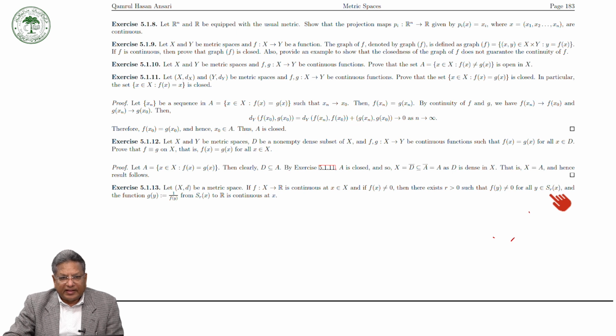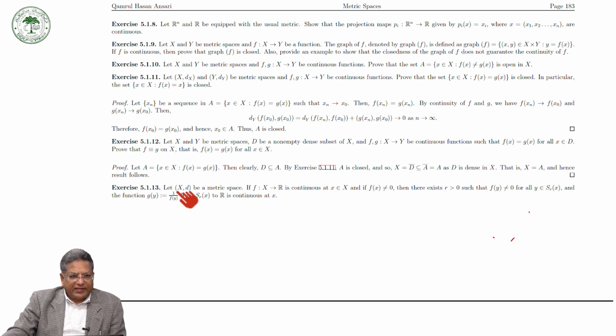That is to say, there exists such an r, and the function g of y equal to 1 over f of y from the open ball to R is continuous at x.